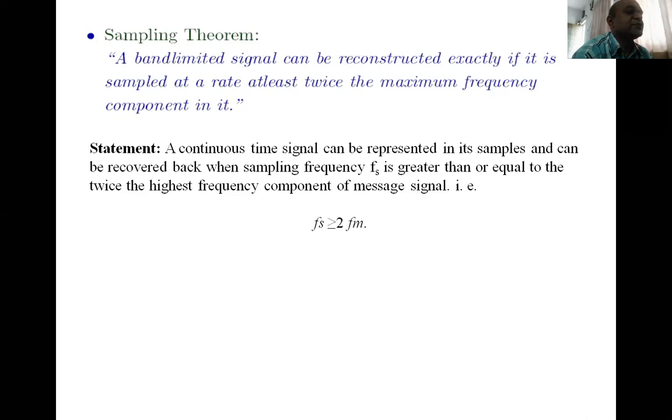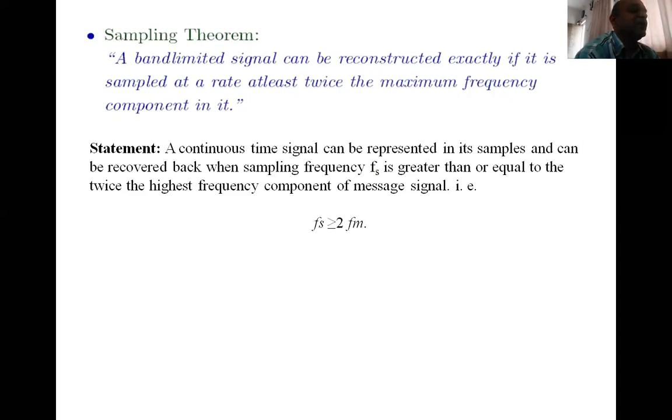So the information is carried by continuous time signal, but the systems we are using are digital in nature. Therefore, they will not process continuous time signal, and it becomes important to convert continuous time signal to discrete time signal. This process of conversion, or you can say reduction, of continuous time signal to discrete time signal is known as sampling.